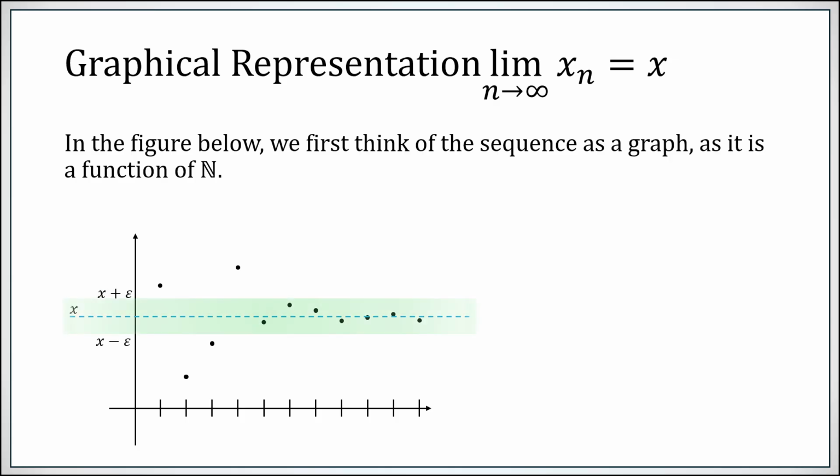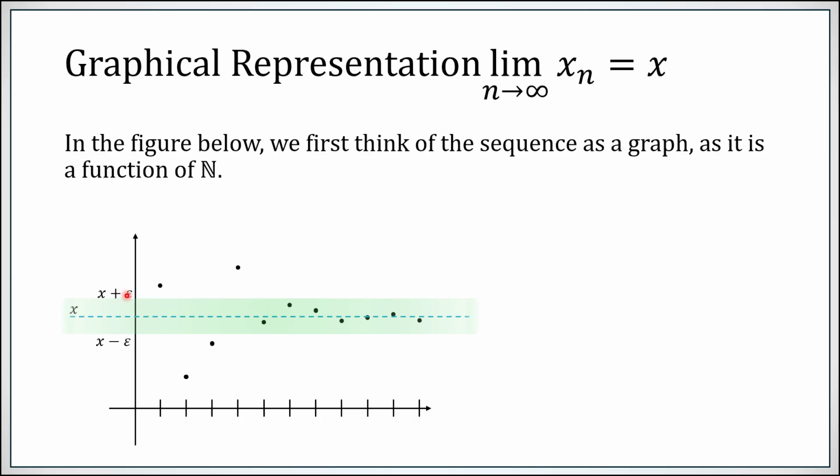So we look at an epsilon allowable error. We want to get really, really close to x. We're happy if we are within plus or minus epsilon of x. So anything in this band is considered close enough. And in this picture, it looks like as long as you exclude index 1, 2, 3, and 4, if you start at index 5 and keep going, it certainly appears like every term of the sequence is as close as we want.